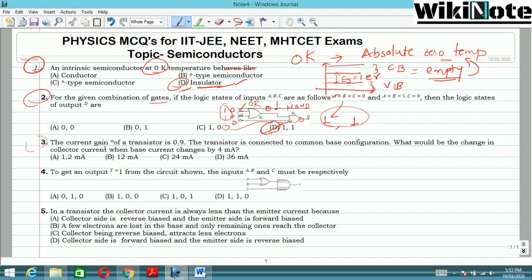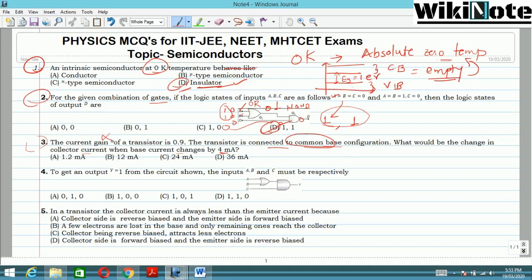Question number 3. The current gain alpha of a transistor is 0.9, and the transistor is connected in common base configuration. Underline this. What would be the change in collector current when base current changes by 4 milliampere? Now guys, keep in mind, for this you should know the relation between some basic terms.